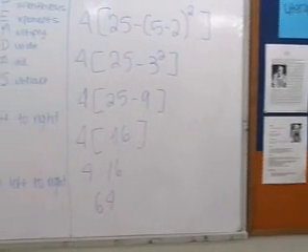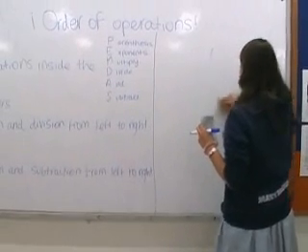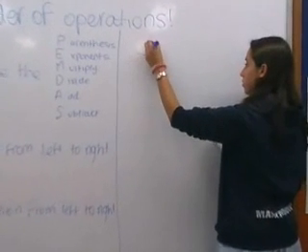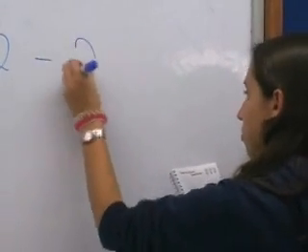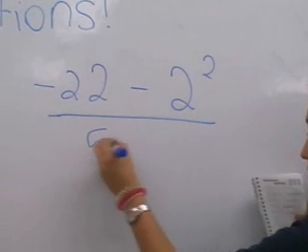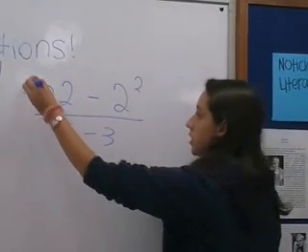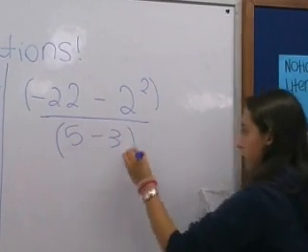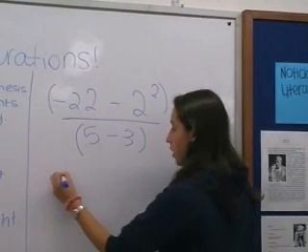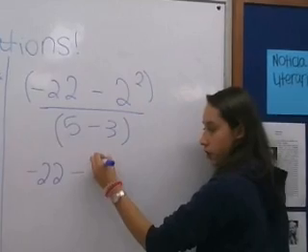Another example will be minus 22 minus 2 to the power of 2. This is a division. And 5 minus 3. So then what you have to do is put parentheses here, and here, and here, and here. And then you solve this. So it will be minus 22 minus, so 2 times 2 is equal to 4.